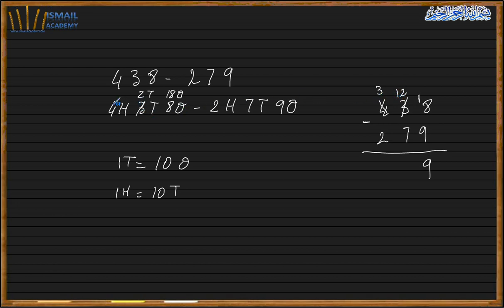The same thing here, here is going to be 300, and here will be 12 tens. So now I have 12 minus 7. This means I'm going to reduce 7 from 12, which means I have 5. Now I have 300 and 200. It makes sense because I'm going to reduce 200 from 300. So what's left is 100.